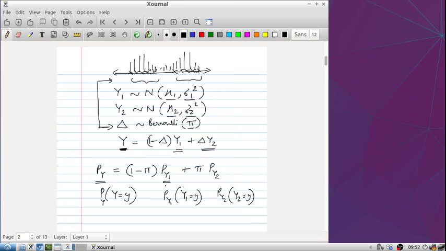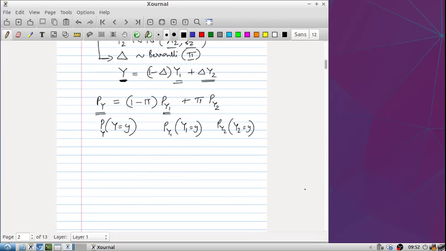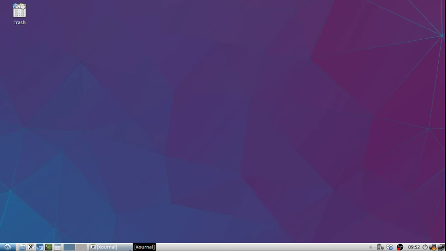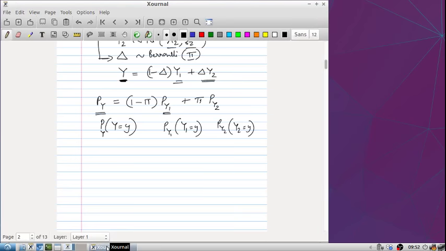Now if you think of doing maximum likelihood estimation, let me explicitly write this: 1 minus pi plus pi. What I'm saying is this is what we wanted.